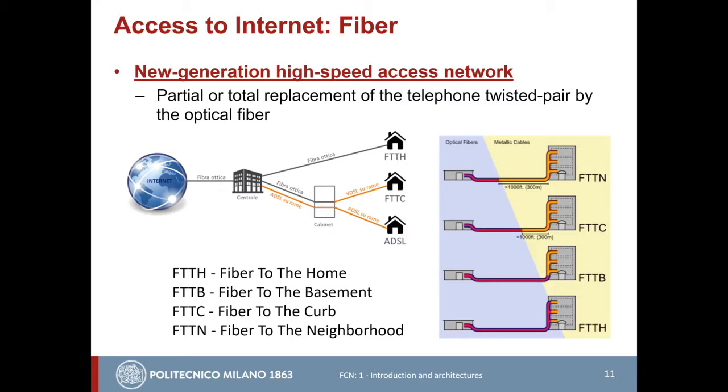All these solutions provide access rates that are really larger than ADSL. 30 megabit per second is what is considered the threshold between old service and an advanced access service, but with FTTH and the so-called passive optical network PON solutions that are currently being deployed by many providers, you can achieve 100 megabit per second, which is a fair capacity.